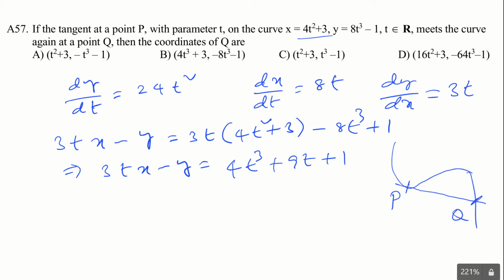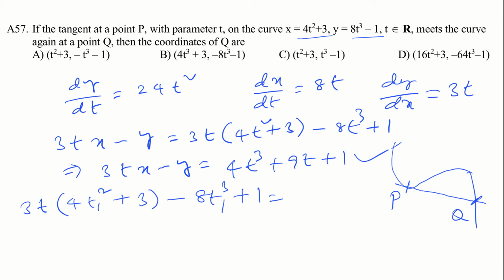Any point on the curve is of this form, so Q is also like that. Suppose Q is (4t1 square plus 3, 8t1 cube minus 1). So this tangent satisfies that Q. So I'll get 3t into, I'm assuming it as t1 for Q, 4t1 square plus 3, minus y, that is 8t1 cube minus of minus 1, is equal to 4t cube plus 9t plus 1.